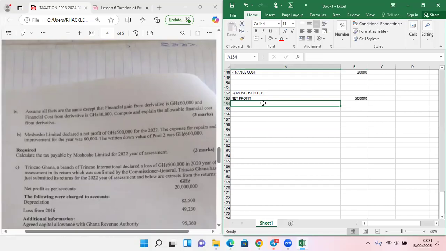Then the expenses for repairs and improvements, we add back the repairs and improvement expenses.